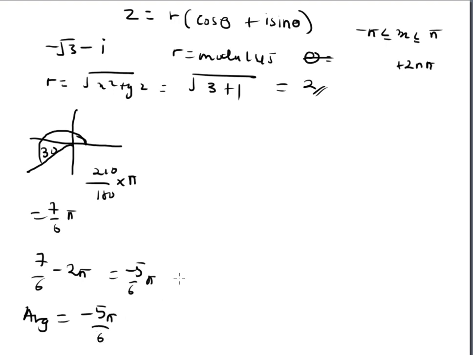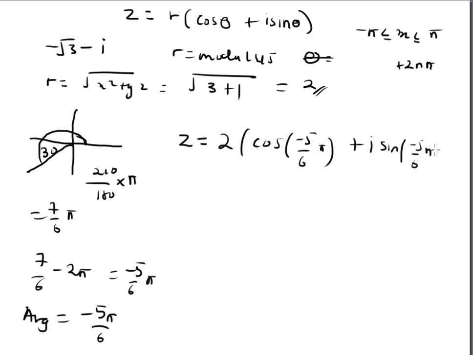Hope that's clear. So now for this equation, the polar form of the complex number negative root 3 minus i is equal to r, the modulus, which we solved as 2, the same as the magnitude with respect to the x and y coordinates, times cos of negative 5 on 6 pi plus i sine of negative 5 pi on 6.